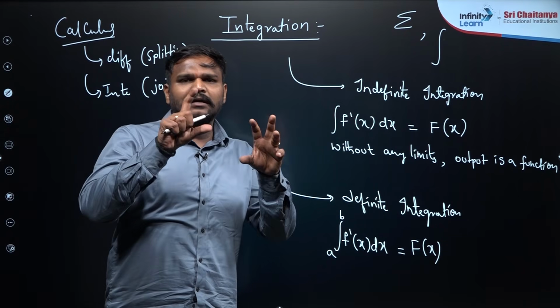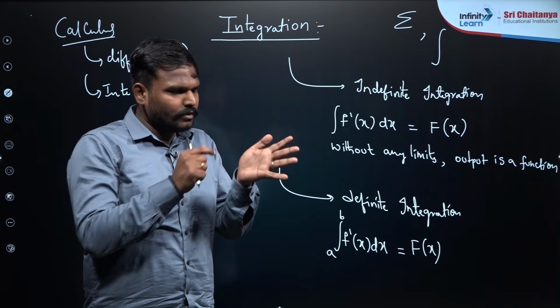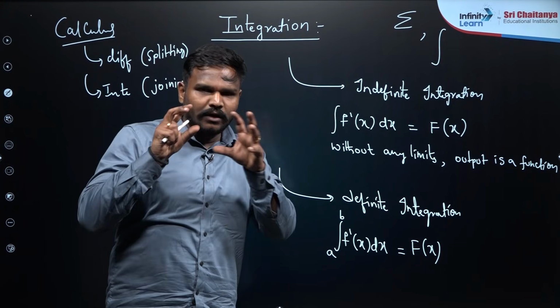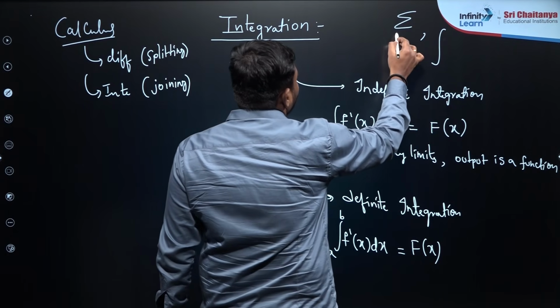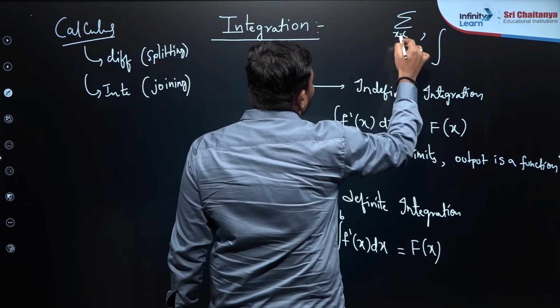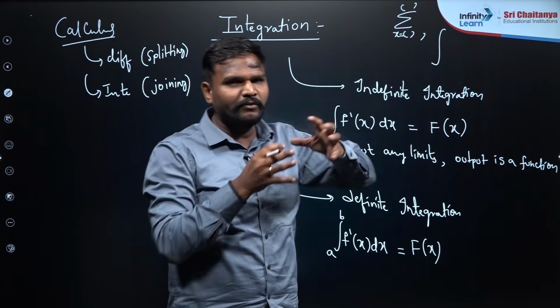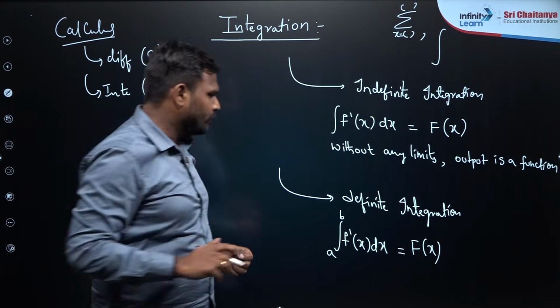That means let us say they are asking the value from 0 to 5 or 30 degrees to 90 degrees, like that, from this value to this value. Like even in summation we will have the lower limit and the upper limit. Whenever you have a lower limit and upper limit, you have to start integrating from this value to this value.